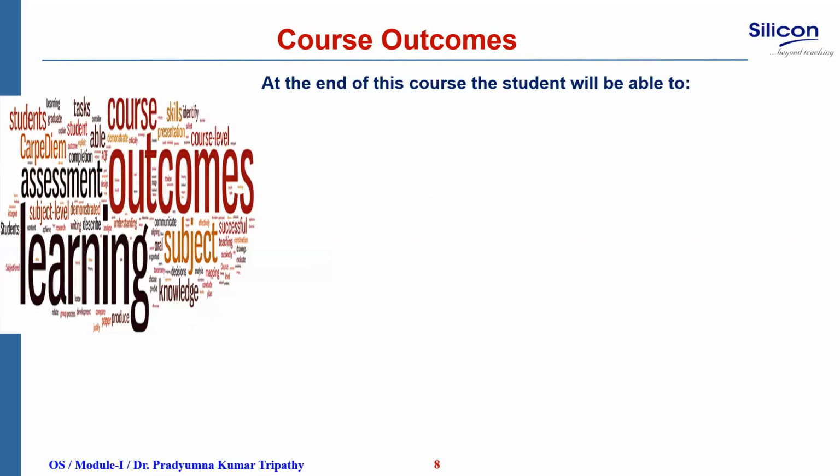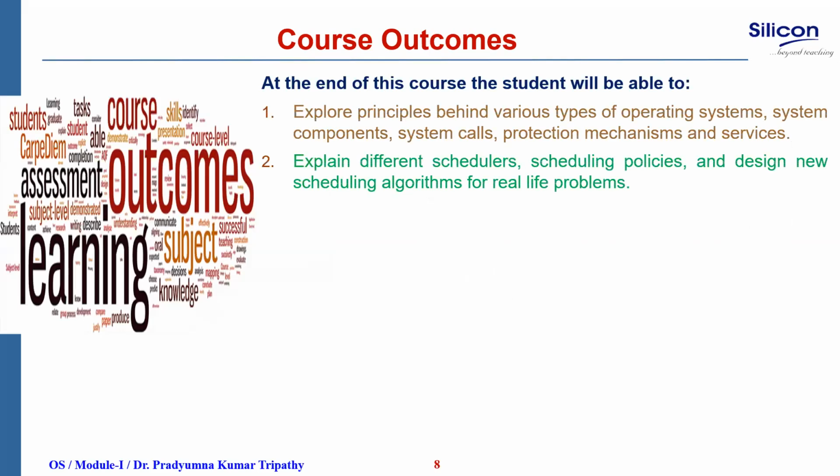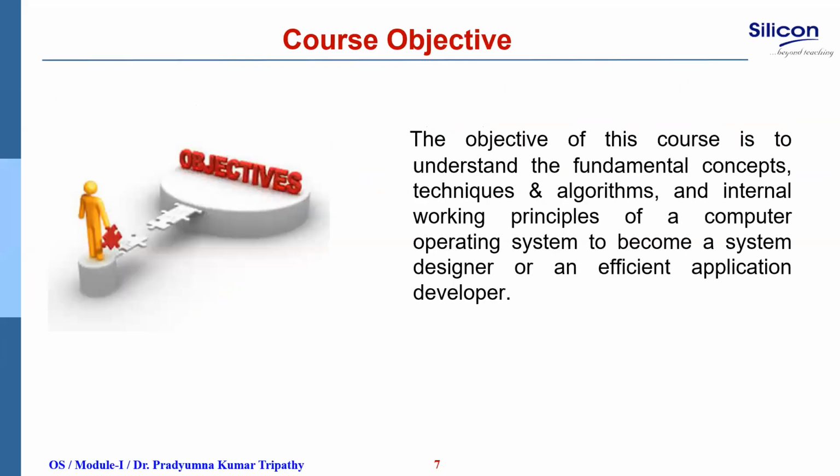What is the course outcome? At the end of the course, the student will be able to explore the principles behind various types of operating systems, system components, system calls, protection mechanisms and services. Do you remember, course outcome and objective are different? The objective is what we have kept in our mind that has to be done.